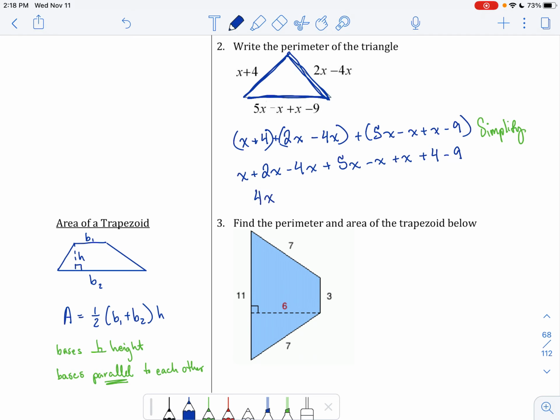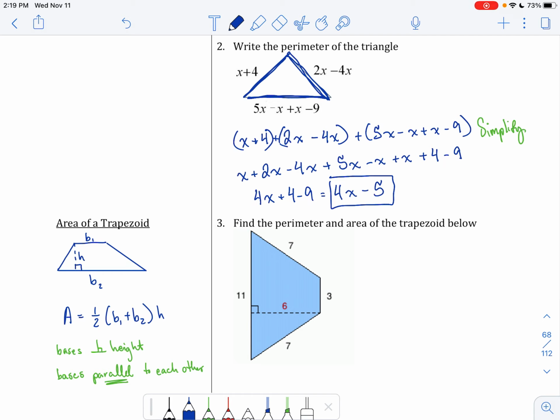So I end up with 4x plus 4 minus 9, which gives me 4x minus 5. Because remember, 4 minus 9 is -5. And that would be our expression of the perimeter. Since we don't know what x is, you can just leave it like that.